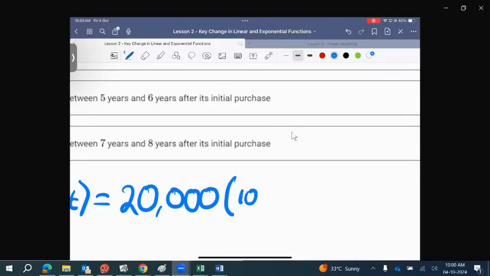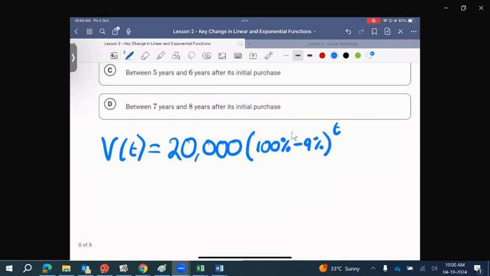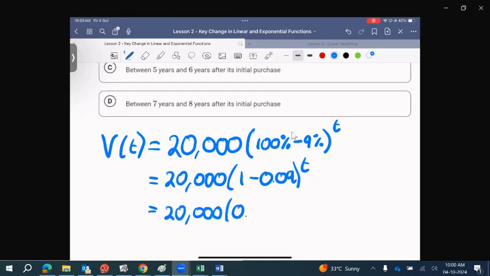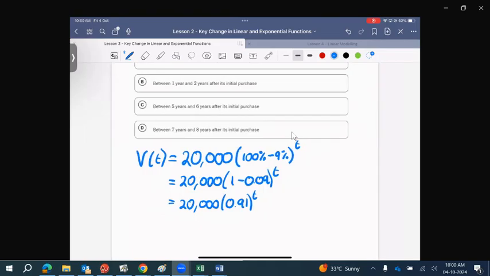We want 100% minus 9% every year to the t. So 100% is equal to 1, and 9% is equal to 0.09. This gives us our common ratio, or change factor, of 0.91 to the t. So if it goes up, add the percentage to 1. If it goes down, take the percentage away from 1.